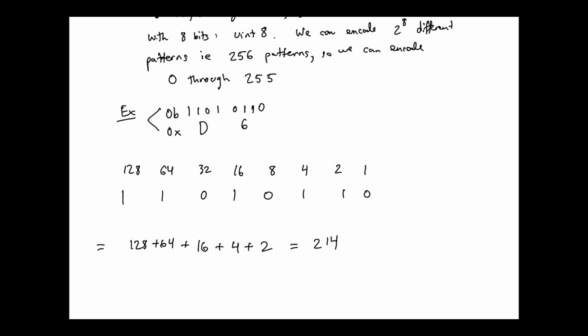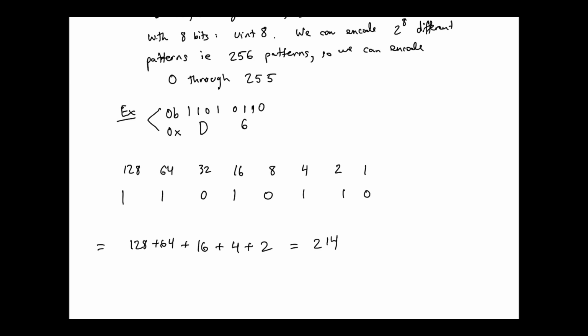Yeah? All right, what's the other way that I could have come up with 214, besides going through this place value system? The other way I could have done it was to look at the hex. In hexadecimal, how do the place values increase? They go up by factors of 16.